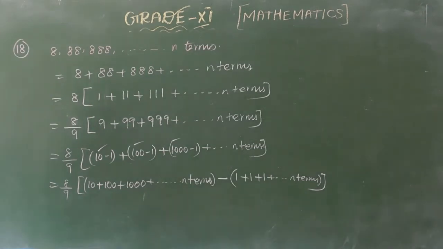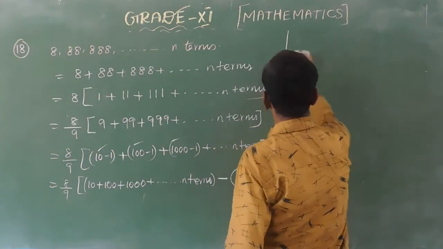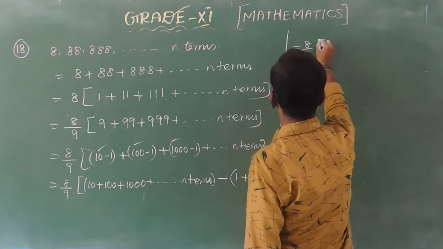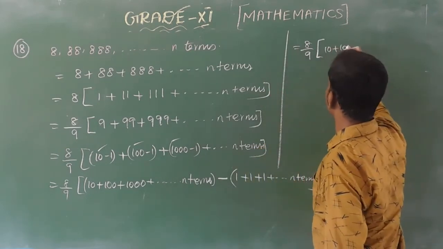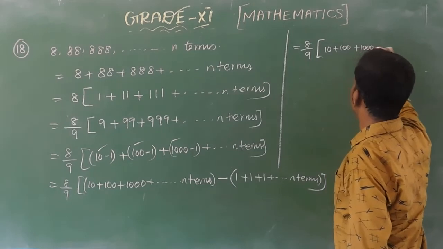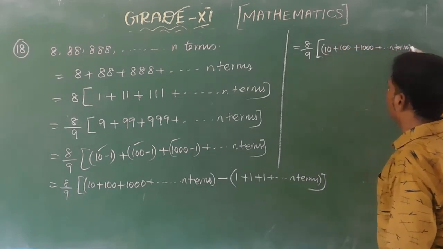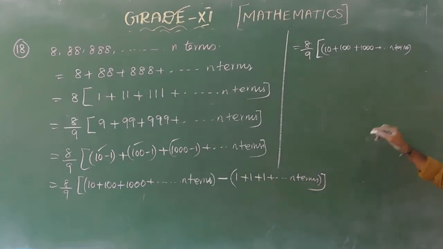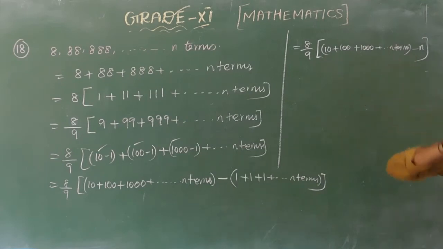The first one is normal and the second is 1 1 1 like that. Which is equal to 8 by 9 into 10 plus 100 plus 1000 plus up to n terms, minus 1 plus 1 plus 1 up to n terms, and you get that as minus n, because n times 1 is n, no?